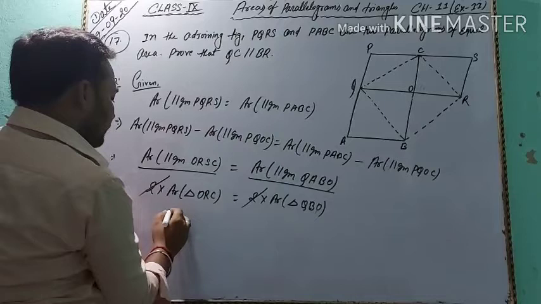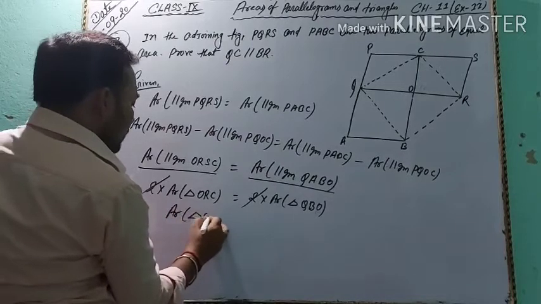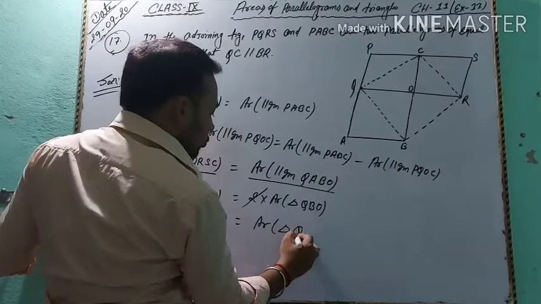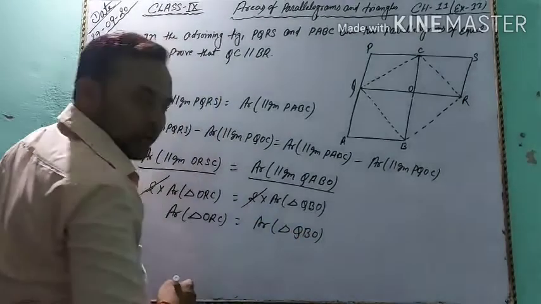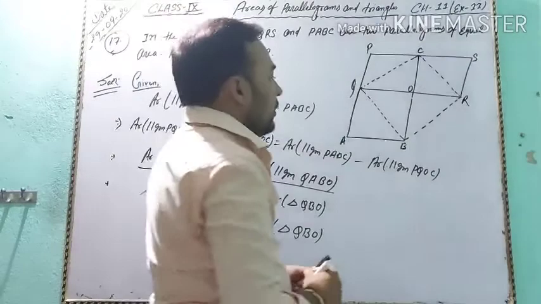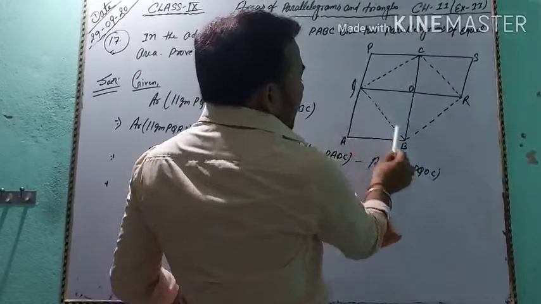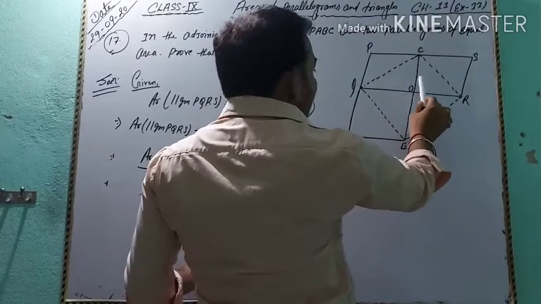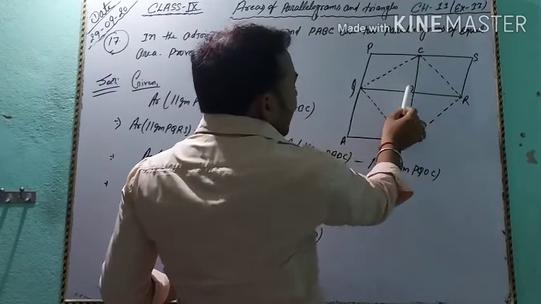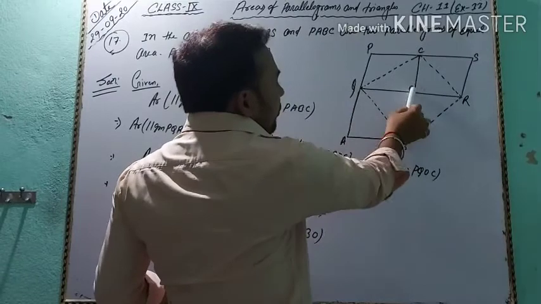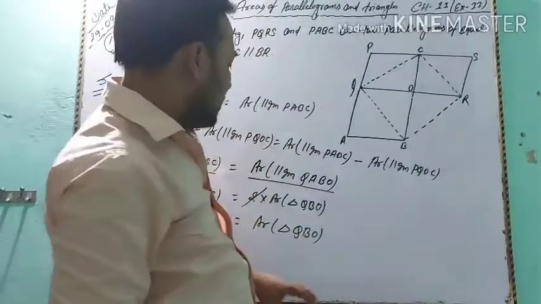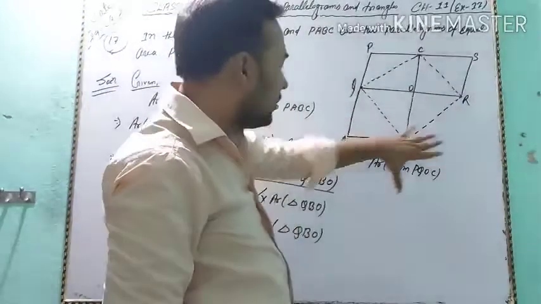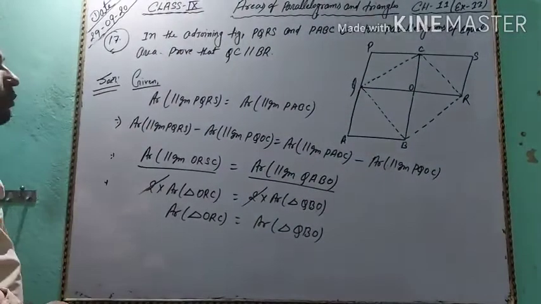2 is cancelled, so we get that area of triangle ORC is equal to area of triangle QBO, okay. Area of triangle ORC is equal to area of triangle QBO. So students, now area of triangle OBR is added on both sides, okay.